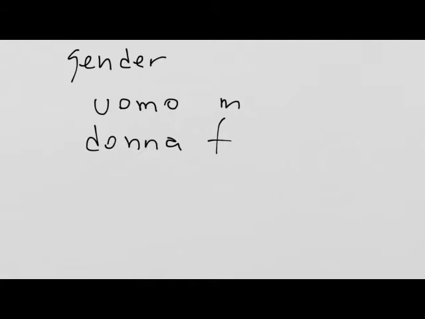Because of the biology, the binary system of our distinction, we have nouns that automatically belong to one or the other category. There are a lot of other objects, items, that are assigned a gender pretty much at random. So, for instance, let's take the word classe. Since we're talking about school, let's take the word classe.